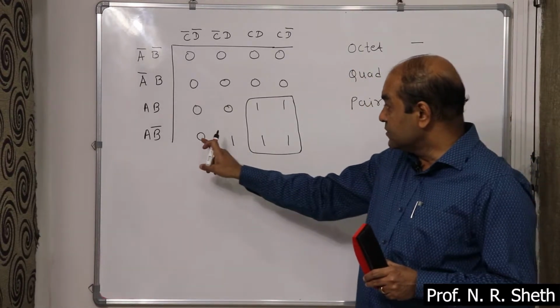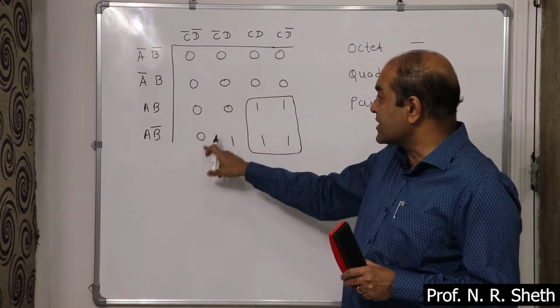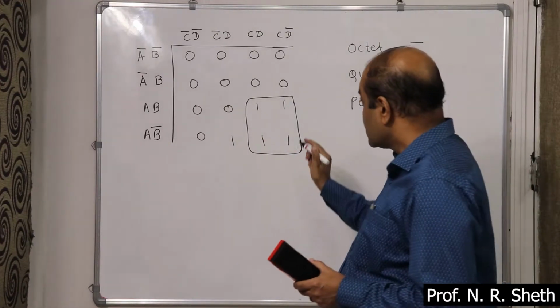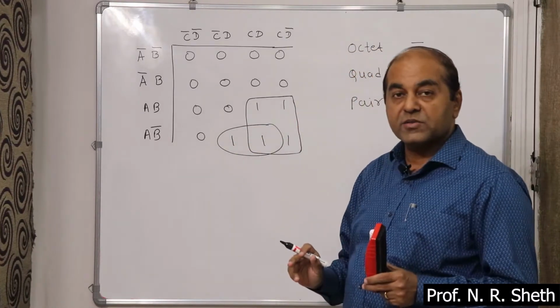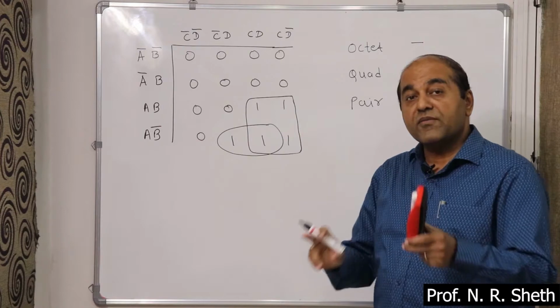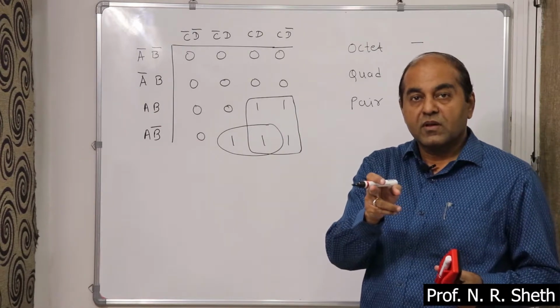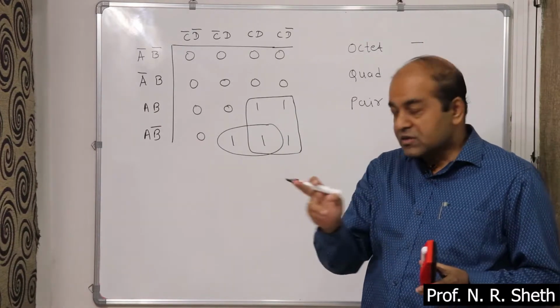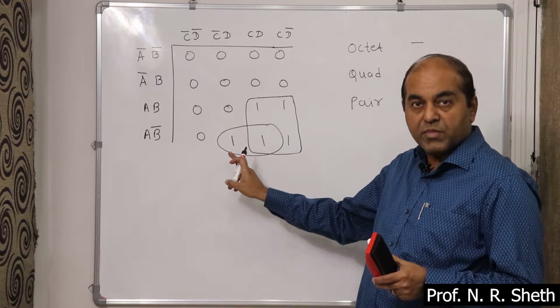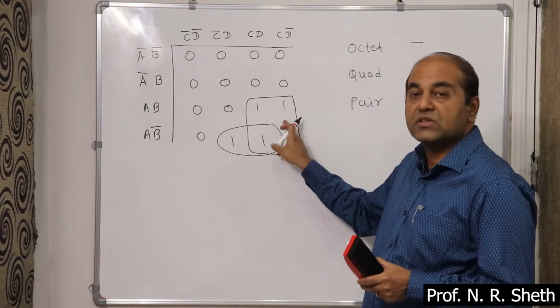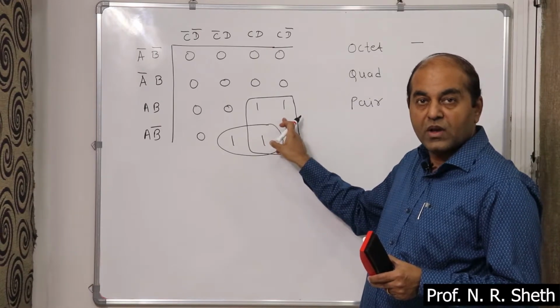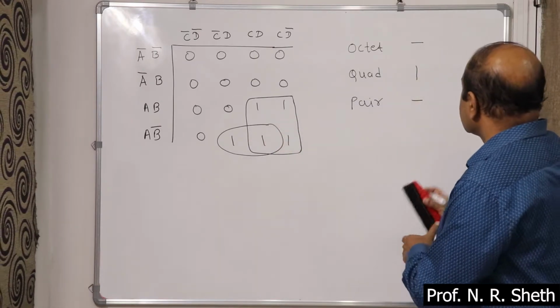Now here this one is 0, so these two adjacents are 0, so a quad is not possible, but only a pair is possible. This is a valid pair. This pair is not redundant because this one is not part of this quad. Clear?